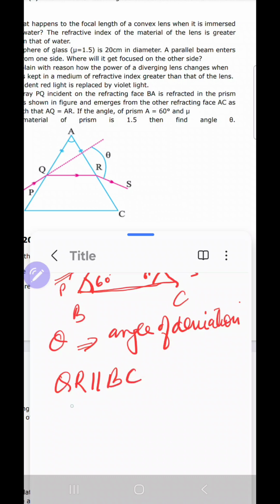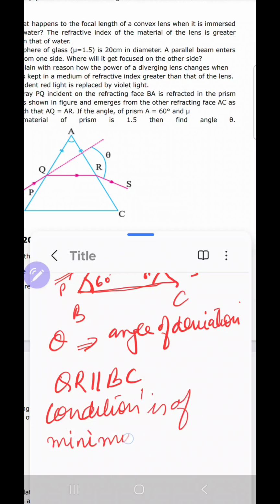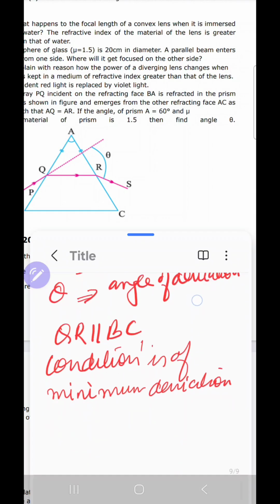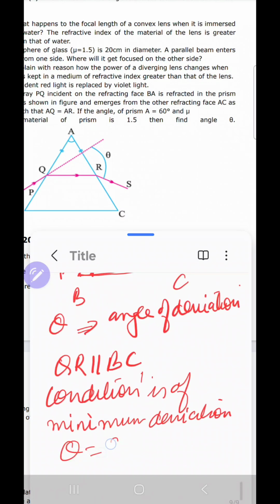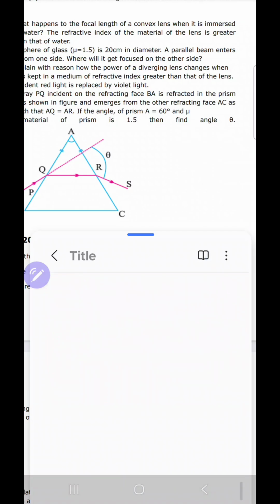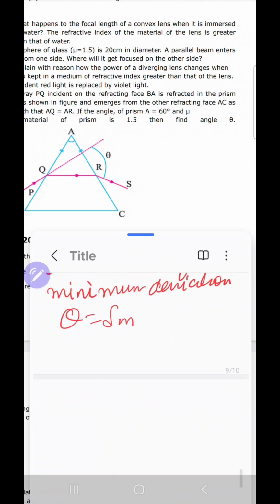It means this is a condition of minimum angle of deviation. Condition is of minimum deviation. So theta here is delta m, and we have to find out this particular theta.